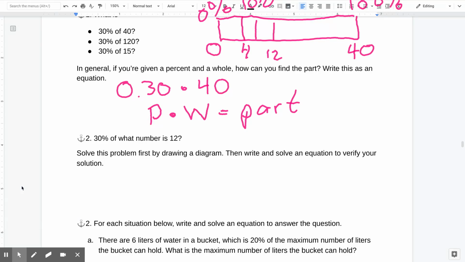For problem number 2, we can use similar analysis. So now we're asking 30% of what number is 12. Again, we can draw ourselves a diagram.